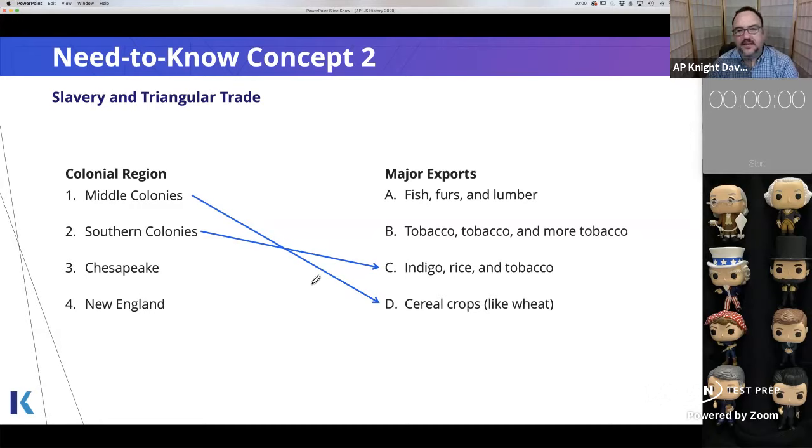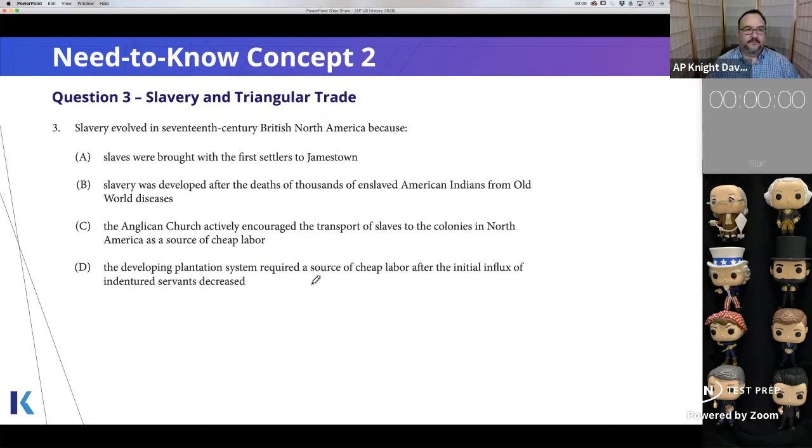Chesapeake, this is going to be Virginia, North Carolina, Maryland. As soon as you say Virginia, North Carolina, you should think of tobacco, tobacco, tobacco. And then that leaves New England through elimination: fish, furs, lumber, and Tom Brady. And so that is going to be the main exports that are going on with those areas.